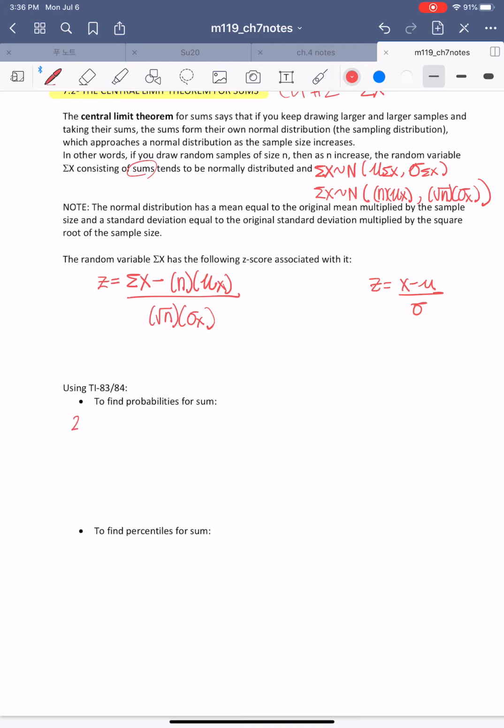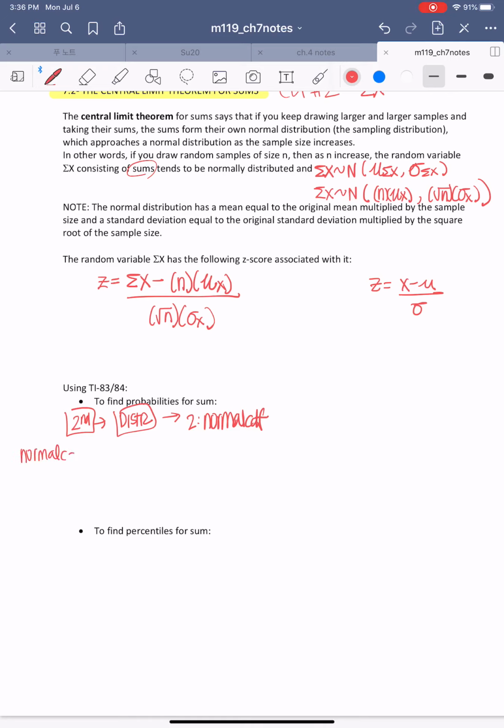Second distribution, and then number 2, normal CDF. We need to enter 4 numbers in order.